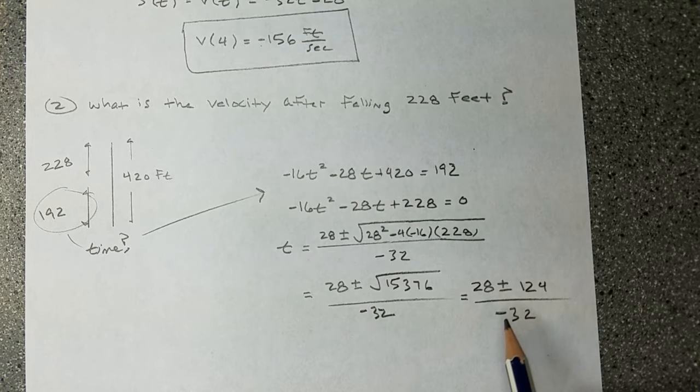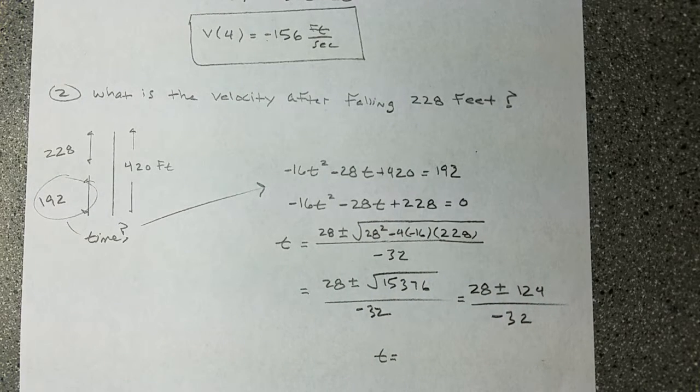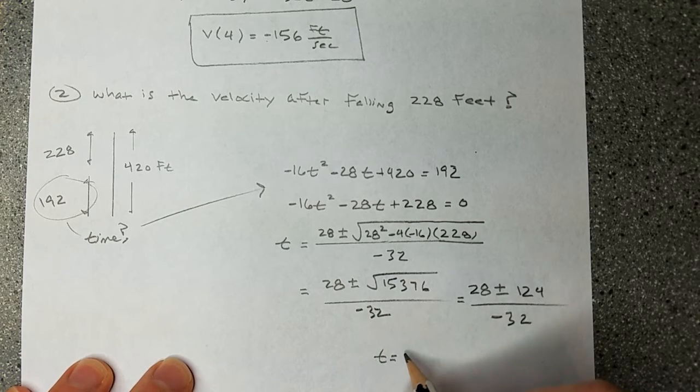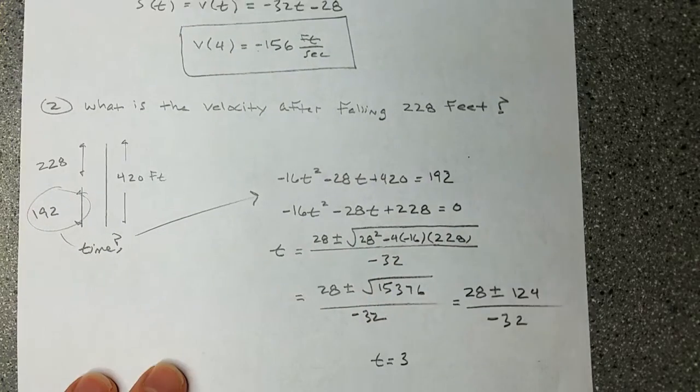Divide by negative 32, that's a positive number. If I do that, I'll get t to be, what do I get? 28 minus 124 over negative 32. Okay, so that turns out to be a nice round number. It's just 3. So it will take you 3 seconds to fall 228 feet.